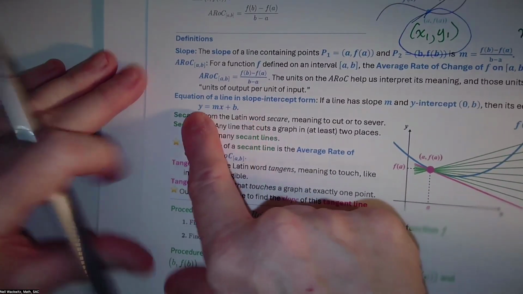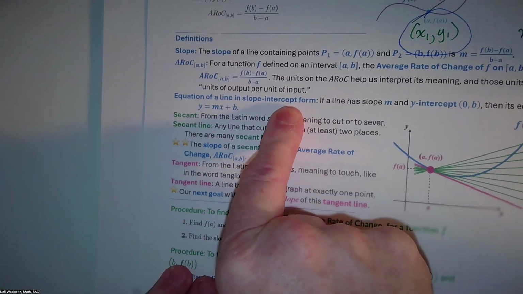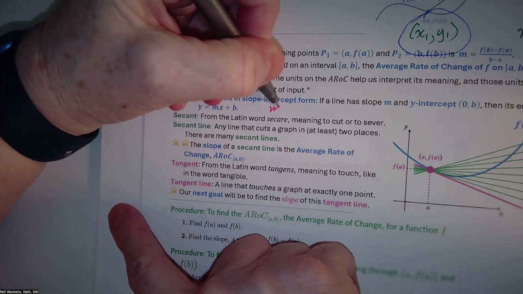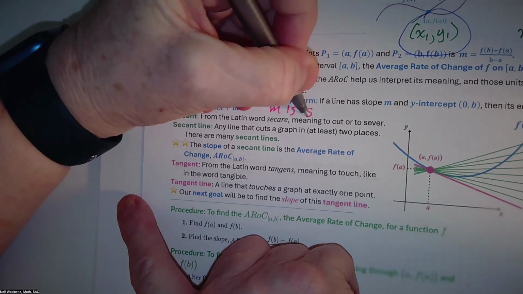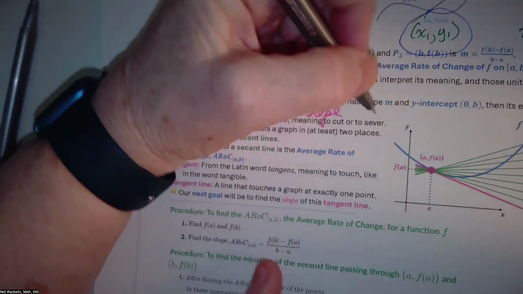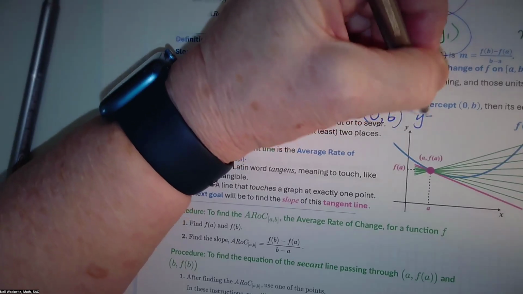Let's just remember that the equation of any straight line in slope-intercept form is y equals mx plus b, where m is the slope and 0 comma b is the y-intercept.